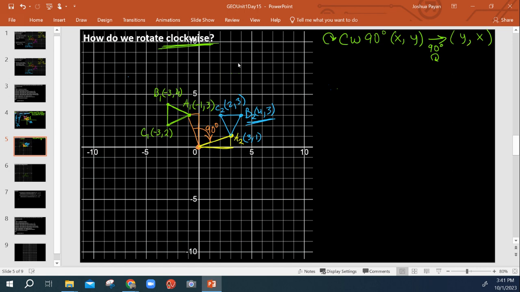Y stayed the same, and we had an X sign change. So in general, when we rotate clockwise, we flip X and Y, and we say X sign change.